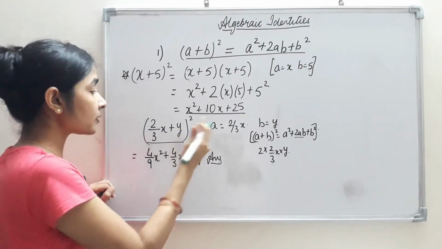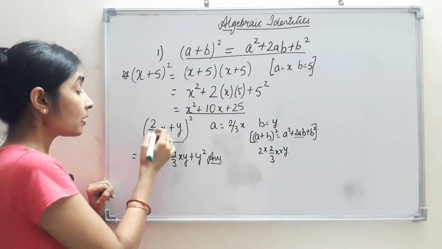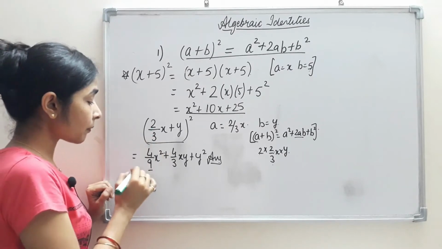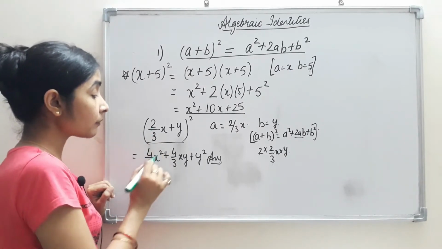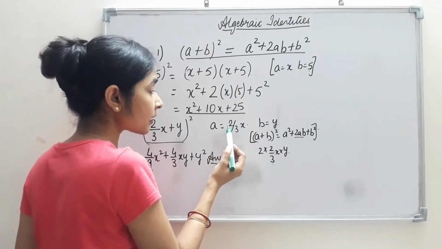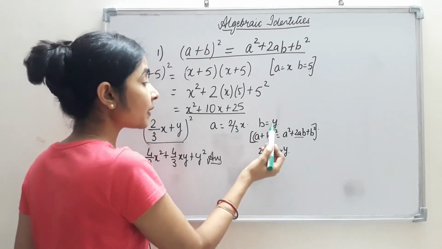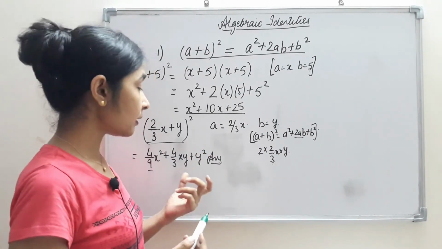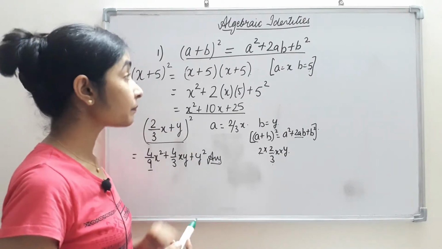Instead of multiplying each and every term, at the first place we are having a square, that means square of 2 upon 3, and that will be 4 upon 9x square. Then 2ab, that means 2 multiplied by 2 upon 3x, that means 4 upon 3x, multiplied by y, 4 upon 3xy, and then we are having the square of the second term, and that means y square.